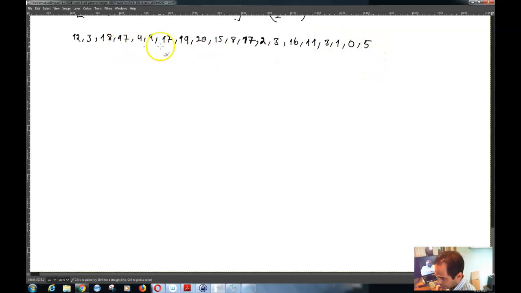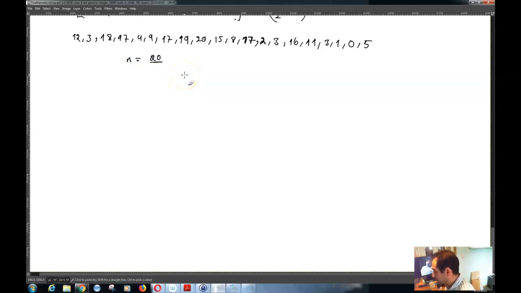So you have this set of observations, and the number of these observations is 1, 2, 3, 4, 5, 6, 7, 8, 9, 10, 11, 12, 13, 14, 15, 16, 17, 18, 19, and 20. N is equal to 20.